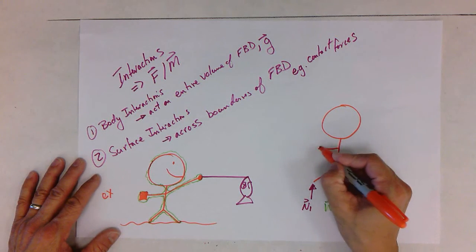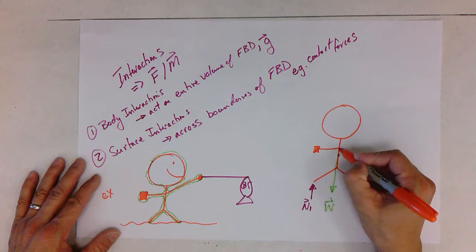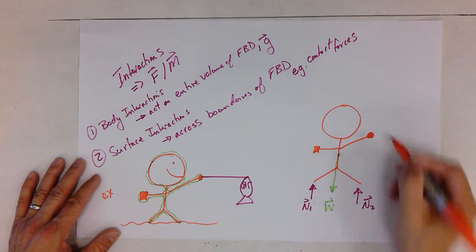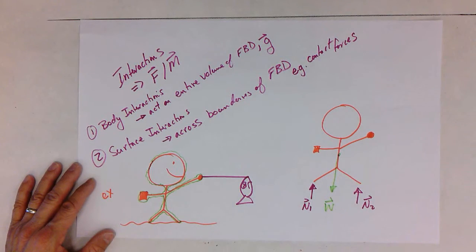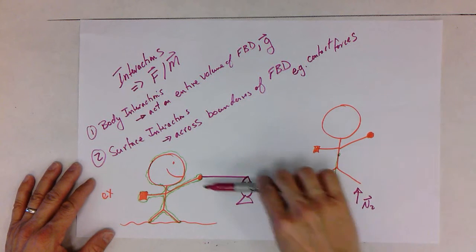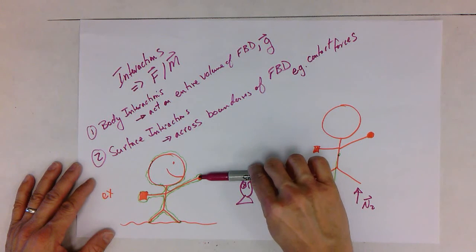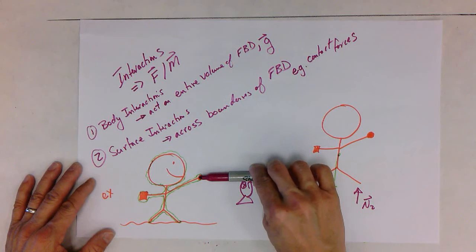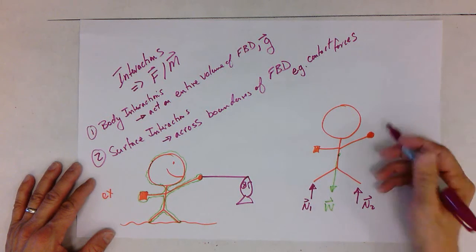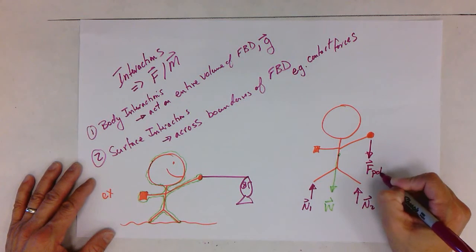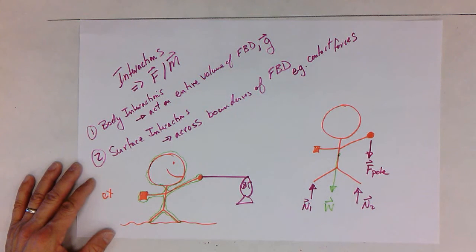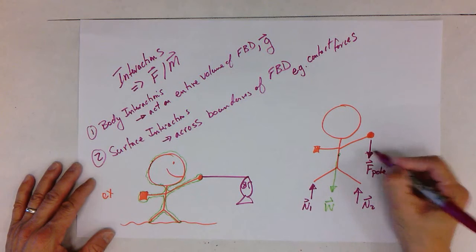Let's draw the coffee cup too. His hand is inside, the fishing pole is outside. So how does the fishing pole interact with his hand? Assuming that he's holding the fishing pole so that it is level, then to maintain the level position, there needs to be a force. So the pole is pushing down on his hand, so he's pushing back on the pole with an equal and opposite force, Newton's third law.